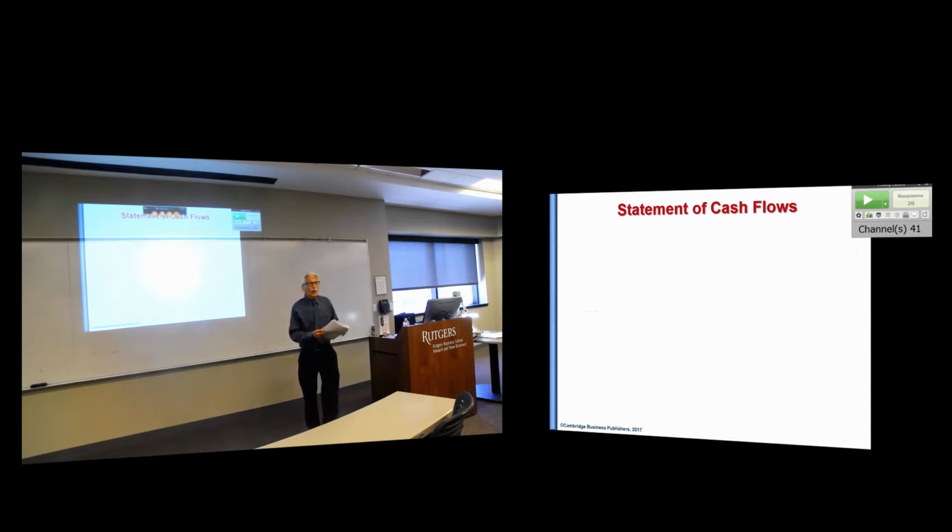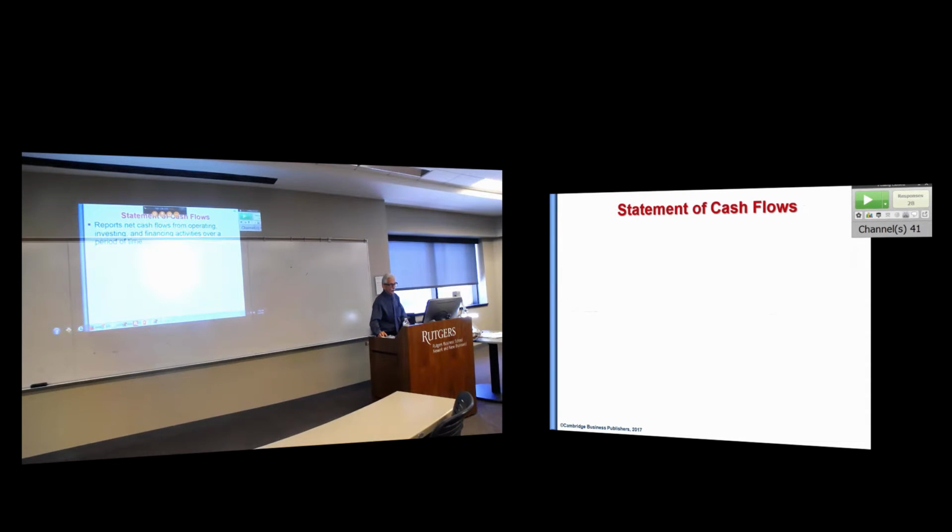Okay. We're going to look at the statement of cash flows, and then we'll take some questions, and then move on to the last part, or at least one of the last parts, and that's going to be the articulation. All right, so on the statement of cash flows, we will report the change in cash, and this is a very important statement, because it's going to scrub away all of the accounting nuances that we use and get right to the cash.